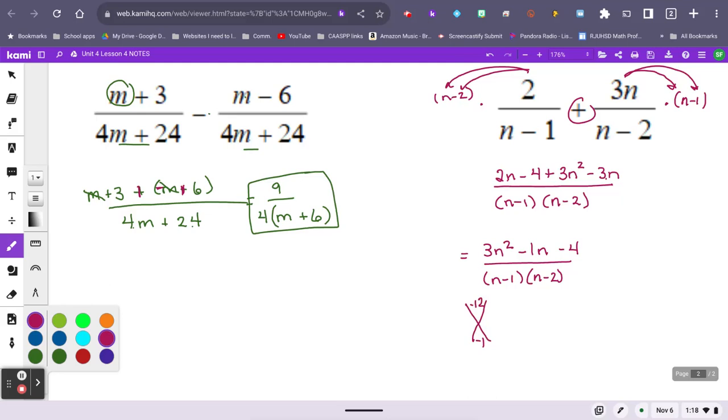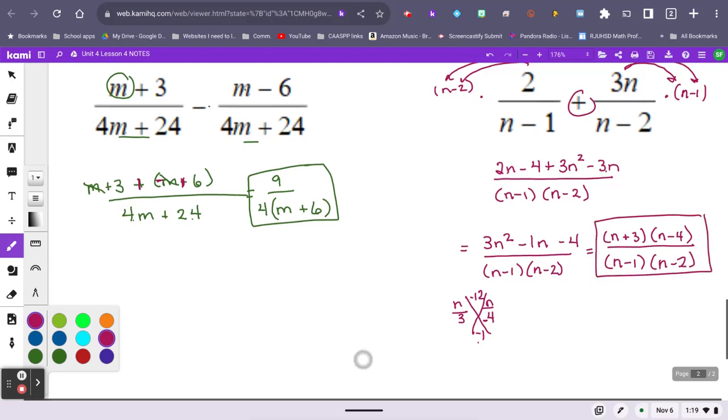The nice thing with it being 1 means the two numbers are next to each other, so like 3 and 4. Since the bottom is negative, the larger number gets the negative. And we get n plus 3, n minus 4 over n minus 1, n minus 2. And we don't have anything to cross out, so that is our answer.